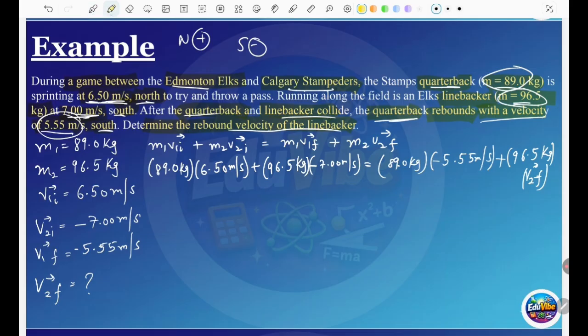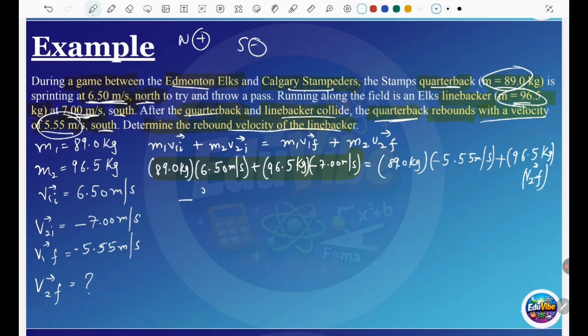To calculate this, firstly solve the left side, because we have everything on the left side. When you solve this, remember the negative sign is there, and there's only one negative sign, so plus minus is negative.